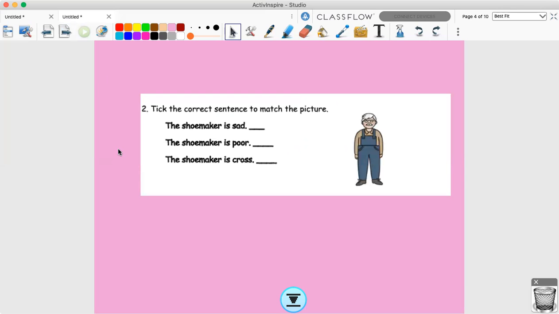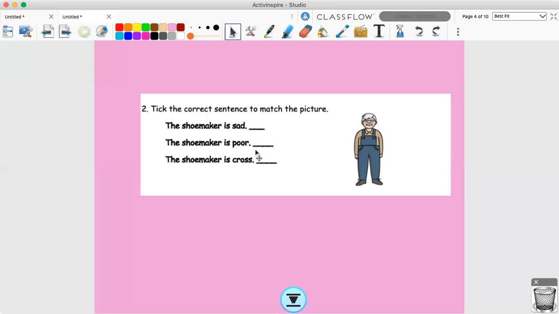Okay, question number 2. Tick the correct sentence to match the picture. So have a look at the picture here. And the sentences say, the shoemaker is sad. The shoemaker is poor. The shoemaker is cross.